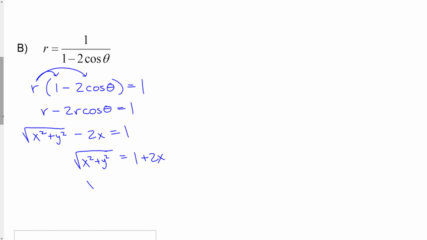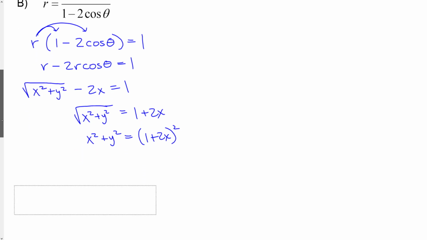Or if you want to get rid of the square root to make it look a little bit nicer, that's fine, although it's not really necessary. Then just square both sides of the equation. And I'm sure if you multiplied this binomial out, you could combine terms and whatnot, but that's probably about as far as you really need to take it.